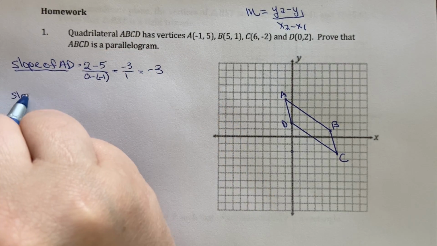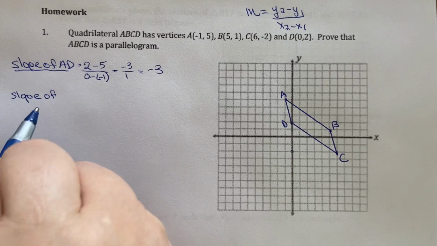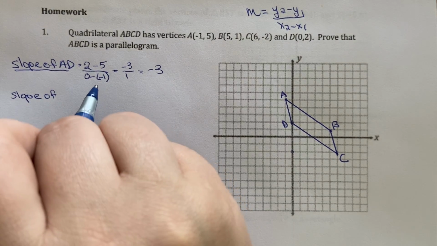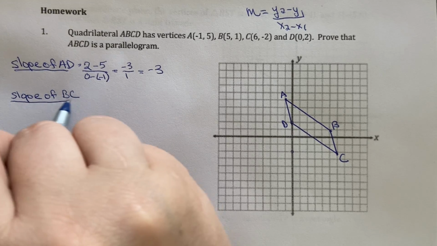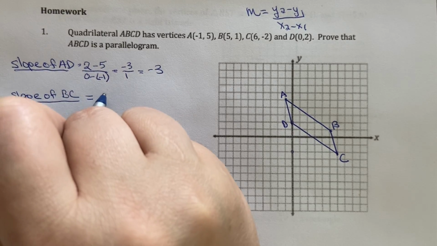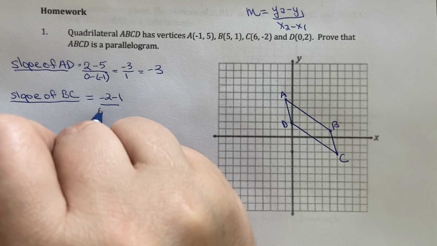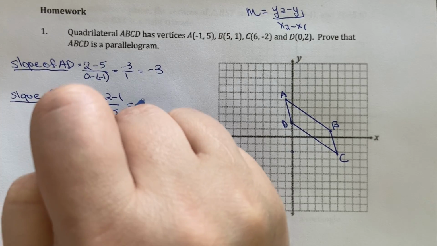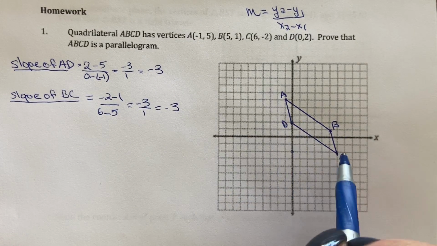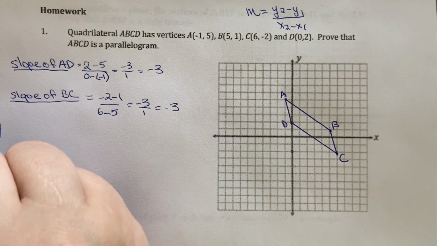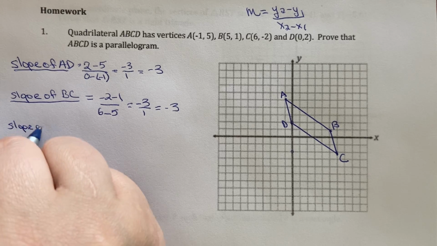So then the slope of, I guess it doesn't matter which order we start. Say I did BC. Slope of BC then would be negative 2 minus 1 all over 6 minus 5, or negative 3 over 1 or negative 3. And I picked that one just to show you guys that they would be the same and they would be parallel.